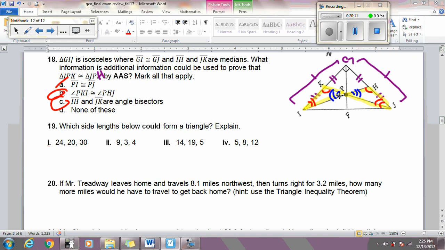So that's how it would be possible to have two angles and the side not in the middle, because of that vertical angle. So we already have the vertical angle. So knowing B by itself would be enough information, or knowing choice C would be enough to answer the question.